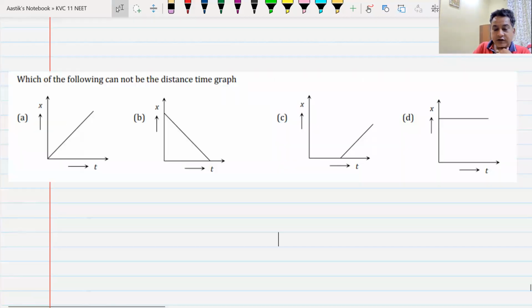Which of the following cannot be a distance time graph? Yes, my dear friends, what do you think?